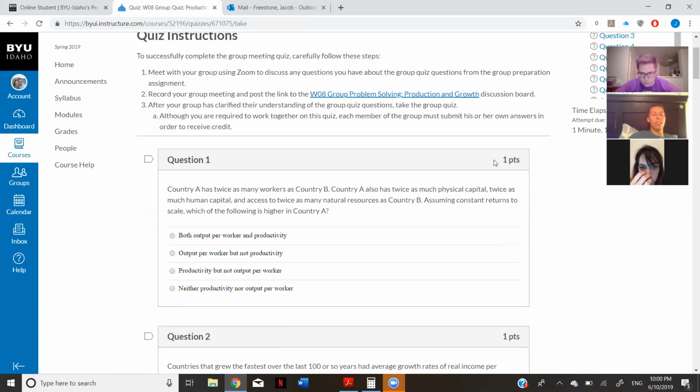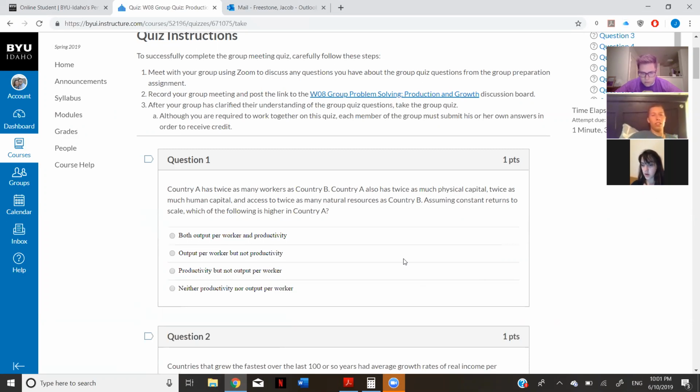It wouldn't change output per worker, but I think it would change just output overall. Right, the output is doubling, but so are the workers. So it's not going to change the output per worker.